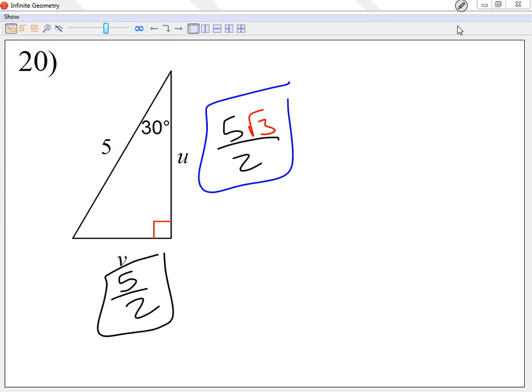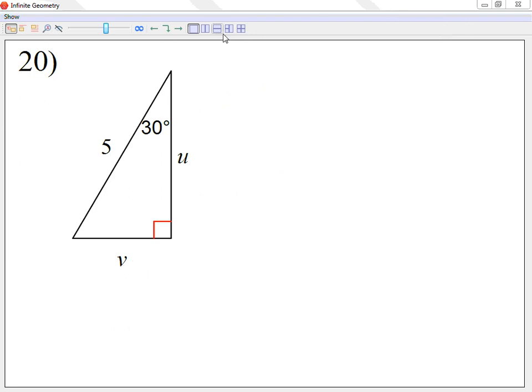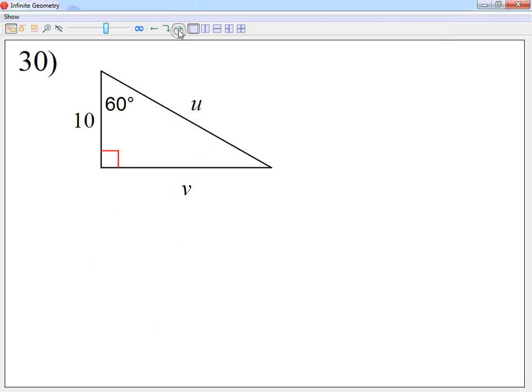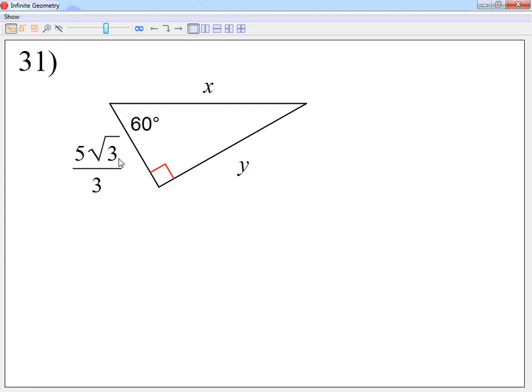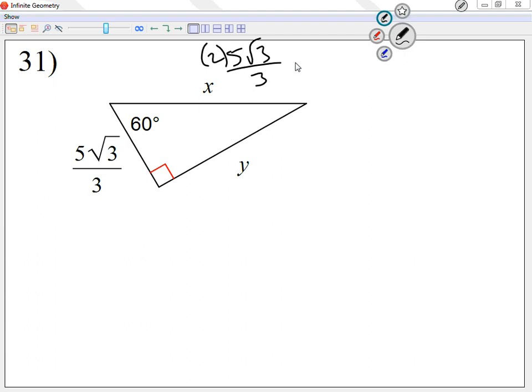Which one? 31. Did it go that high? Okay, so 31. To get to x, the hypotenuse, I have to multiply that by 2. So to begin with, I have 5 radical 3 over 3 times 2. So I'm going to call that 10 radical 3 over 3. Right, 10 over 3, there's nothing I can do.